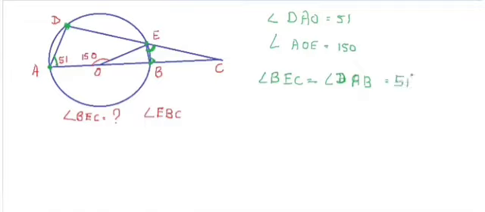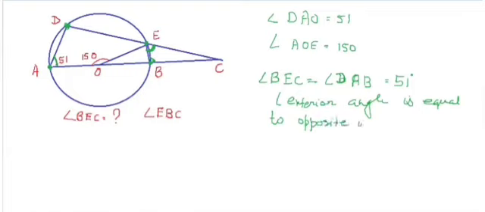Now the reason will be: exterior angle is equal to opposite interior angle of cyclic quadrilateral.